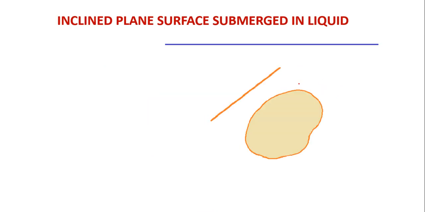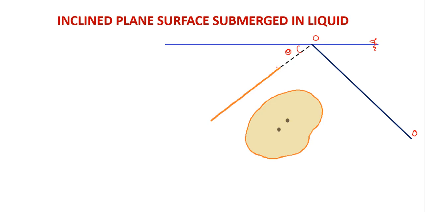Let us consider an inclined surface of arbitrary shape which is immersed in a static fluid. Here we have two views, a side view and a plan view of the surface. Say the surface is inclined at an angle theta with the free surface, and we consider an axis OO which is perpendicular to our inclined surface.